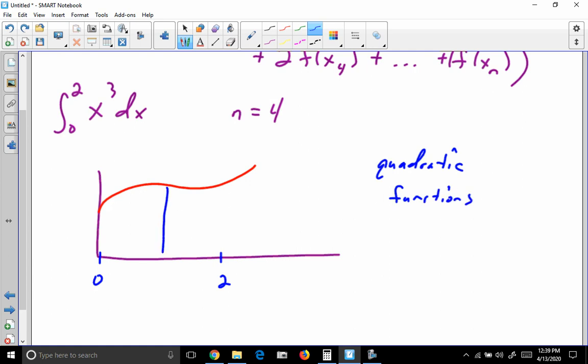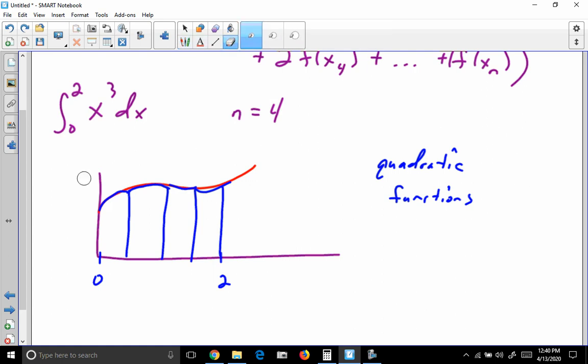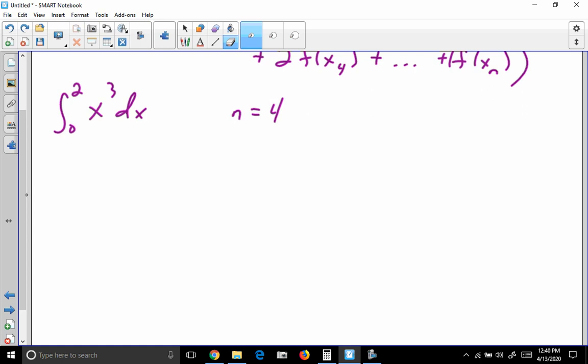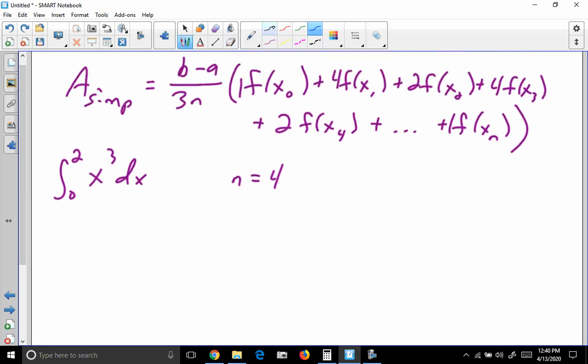So when it breaks our interval up, it uses the area under this parabola, the area under that parabola, the area under that parabola, and the area under that parabola. That's a curve instead of a straight line, so often that parabola generated between here and here being a curve is going to approximate that function better than a straight line would. So often Simpson's rule is going to be the best approximation.